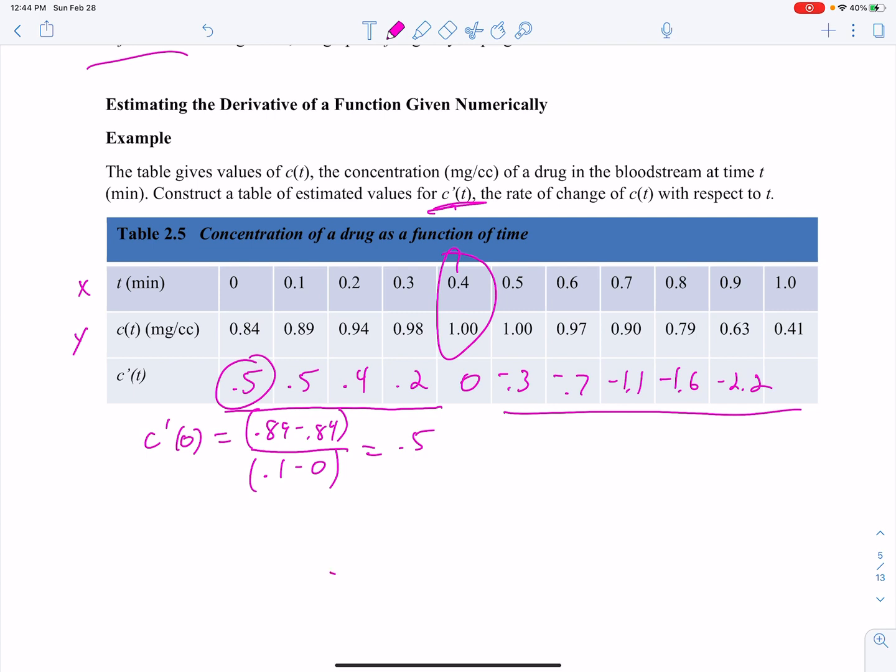So if we're moving from left to right, we have positive slopes, then our 0 slope. That, in this case, is going to be a maximum because then it goes to negative slopes, decreasing. So whenever you go from a positive derivative to a negative derivative from left to right, you have a maximum.